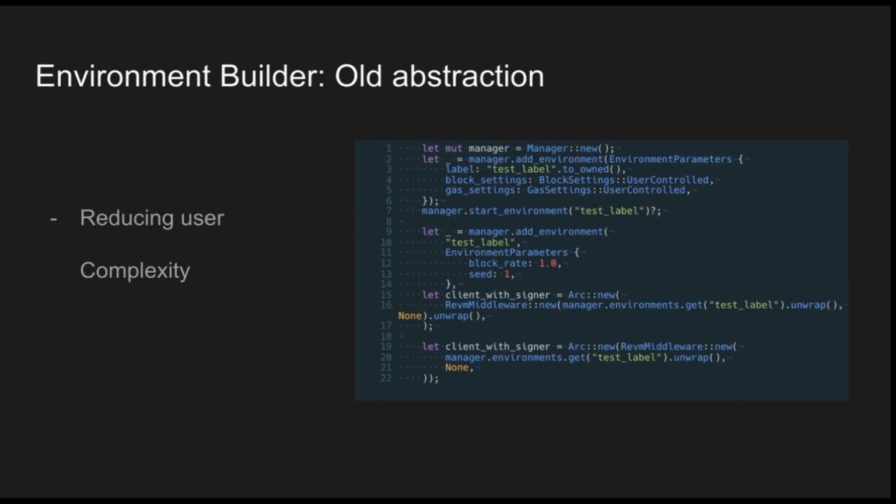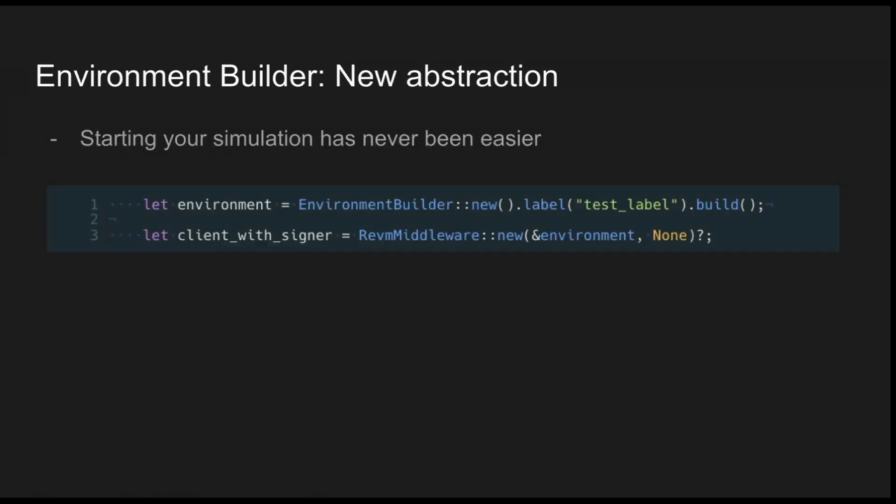It went from about 22 lines of code to now just 2 lines of code, after adding Arbiter core to your TOML and using the environment builder and the revm middleware.